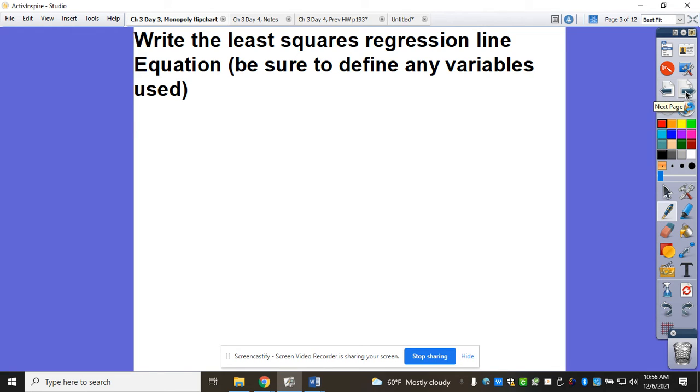Least squares regression line equation. Again, I'm not going to be writing this tomorrow either. So I start this as y hat equals, what was our y-intercept? 67.28. And then we already talked about the slope was positive, and it was positive what? 6.78.5.